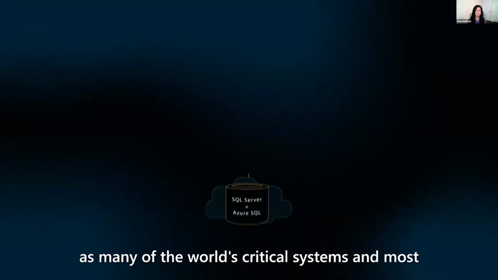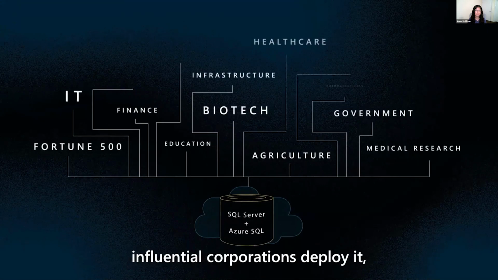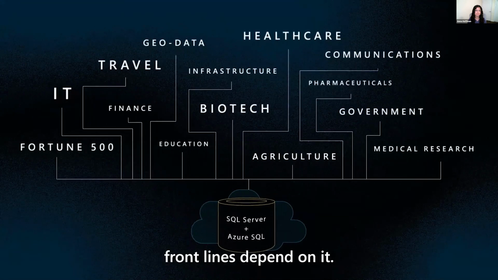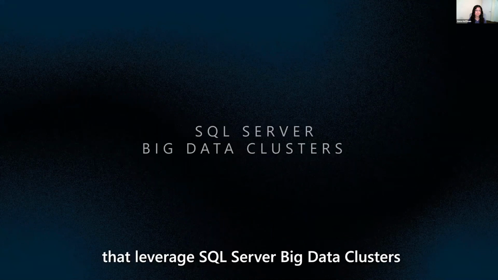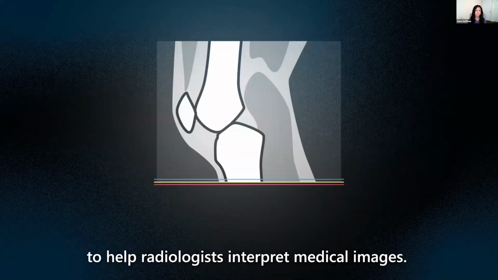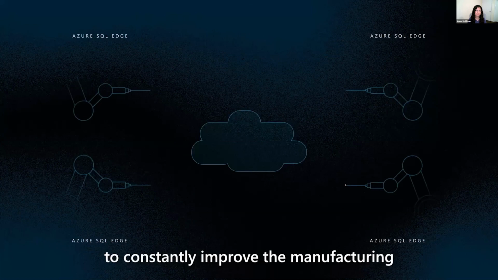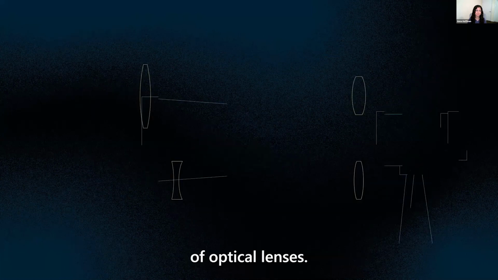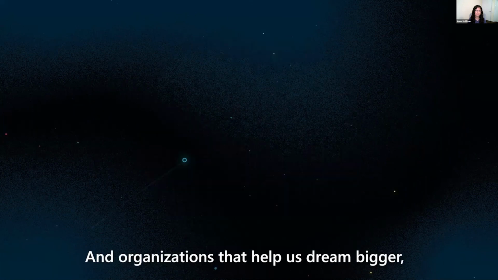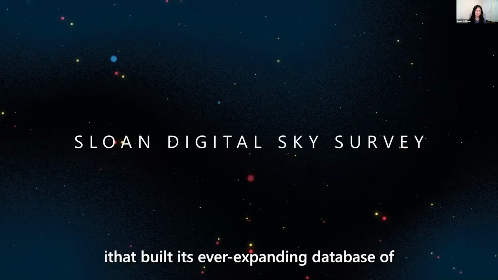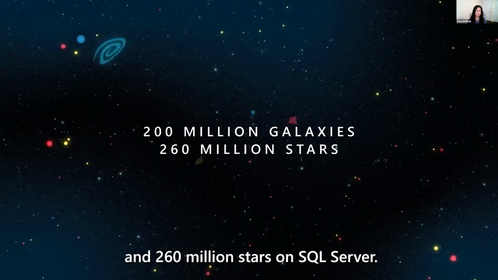As many of the world's critical systems and most influential corporations deploy it, and agencies on our most important front lines depend on it. Businesses like Balzano that leverage SQL Server big data clusters to help radiologists interpret medical images, or Zeiss that use Azure SQL Edge to constantly improve the manufacturing of optical lenses, and organizations that help us dream bigger, like the Sloan Digital Sky Survey that built its ever-expanding database of 200 million galaxies and 260 million stars on SQL Server.